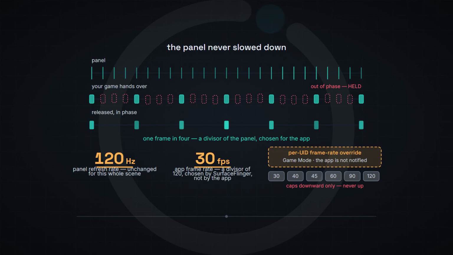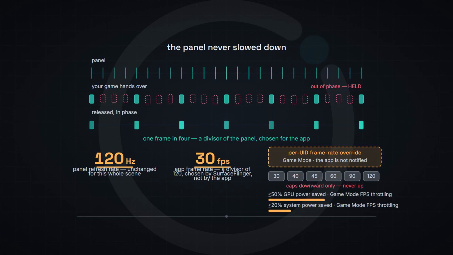The allowed caps are 30, 40, 45, 60, 90, and 120. The game never sees it, and it only caps downward. Game mode's throttling is documented as buying power, up to 50% less GPU power and up to 20% less system power. Panel at 120, app at 30, both true at once.